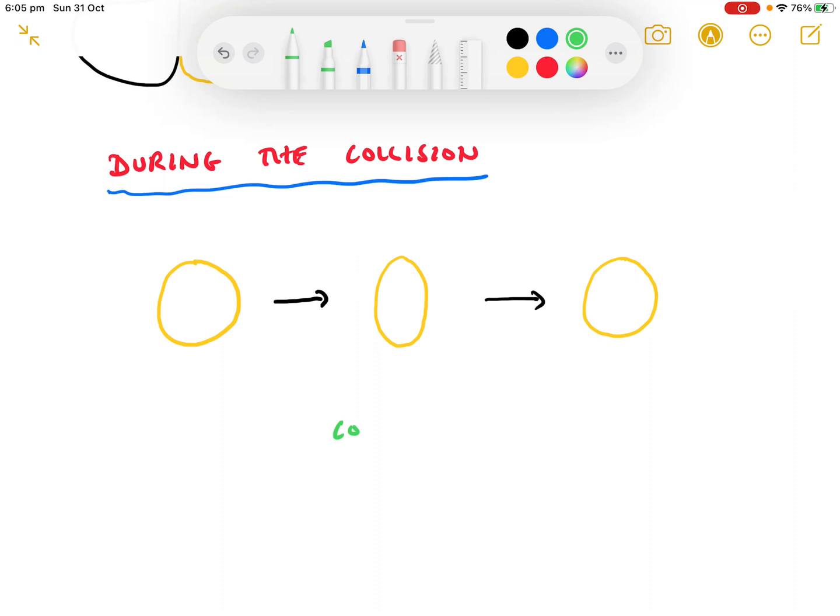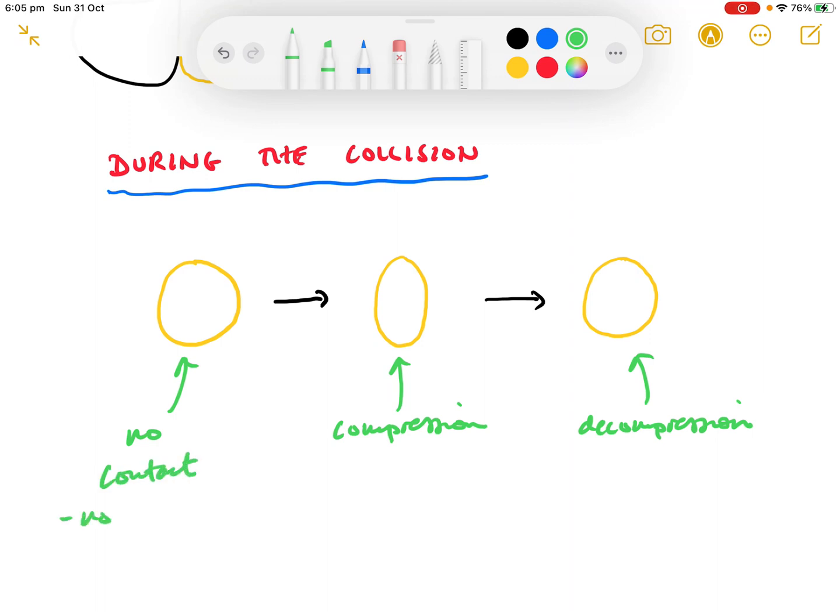So this is the compression or squashing, if you like, and then you've got decompression where it stretches back out to its normal size. So this is no contact, normal shape, if you like.